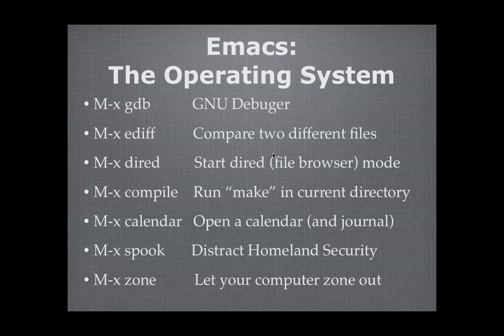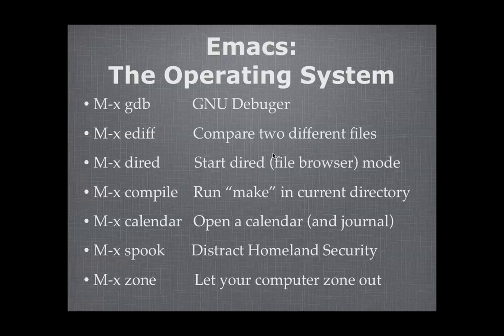Okay, so I mentioned that Emacs is like an operating system unto itself. You can run a debugger through it. You can compare two different files side by side and highlight changes between those two files. You can use Dired, which is like a file browser.